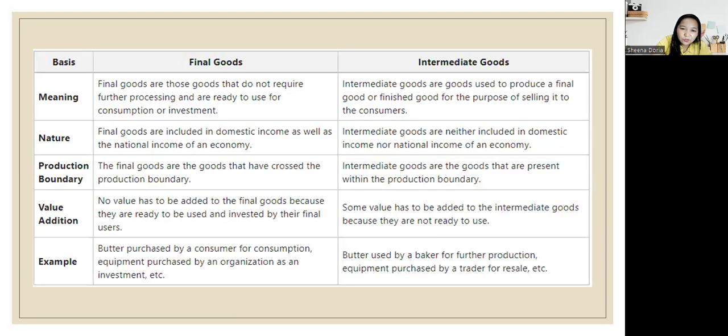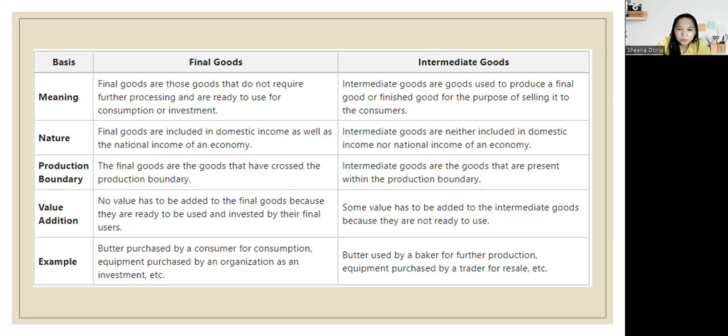So to further explain, we have the differences between final goods and intermediate goods. Final goods are those goods that do not require further processing and are ready to use for consumption or investment. Final goods are what we buy for final consumption, so resale is not part of final goods.